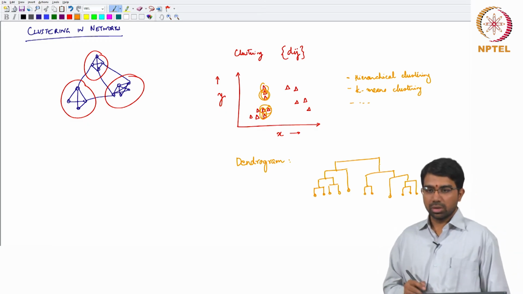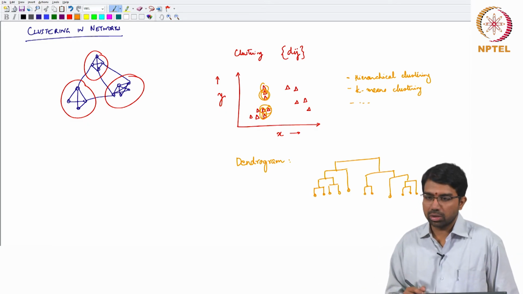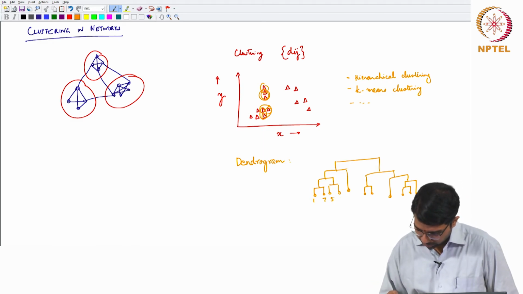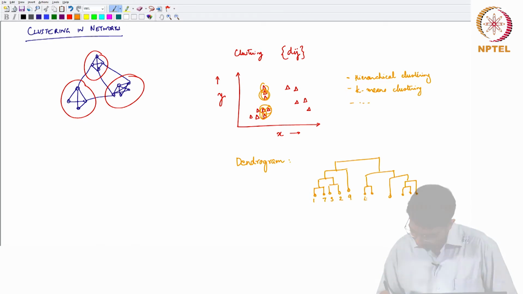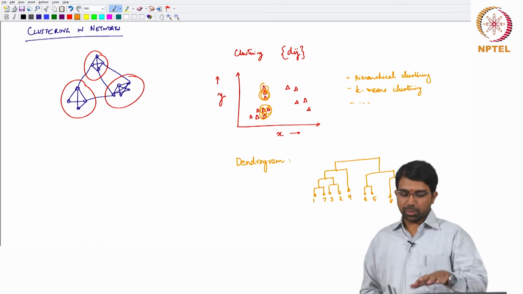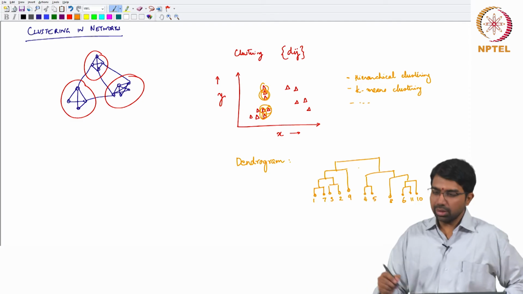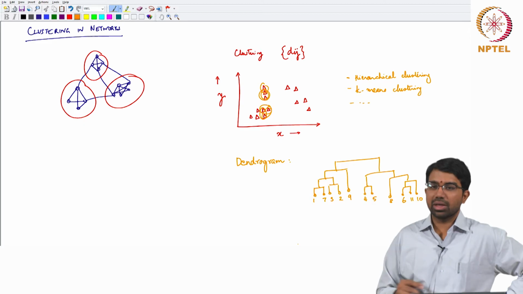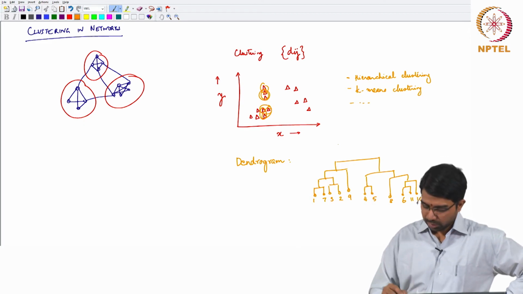Something of this sort. The leaves of the dendrogram are all your data points. So, let us say 1, 7, 3, 2, 9, 4, 5, 8, 6, 11, 10, something like that. Whatever are your points, I have not exactly mapped it to this figure, but what this gives you is you can cut at different levels to get different clusterings.